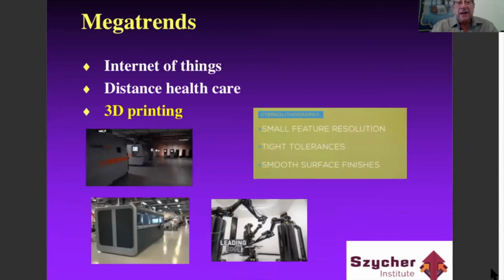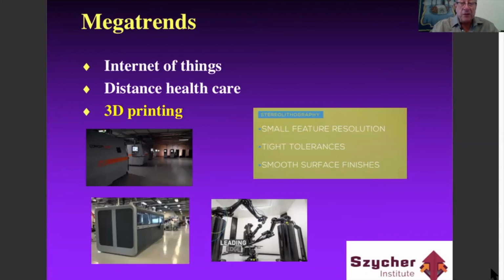And here are examples and pictures of actual equipment from companies who do 3D printing, and one in specific that I would like to talk to you about, which is stereolithography, that produces small feature resolution when you do 3D printing.